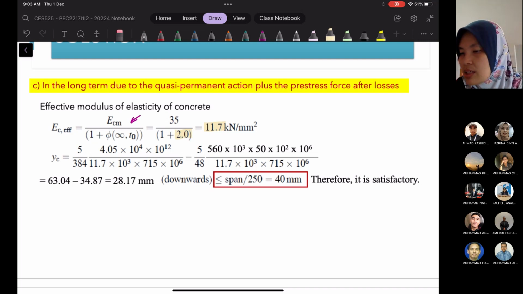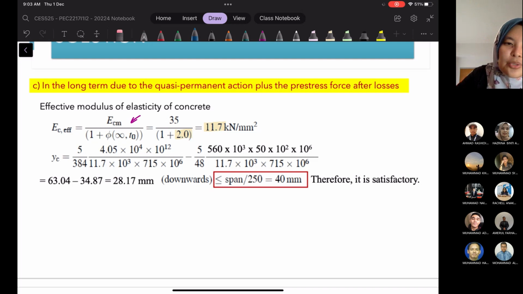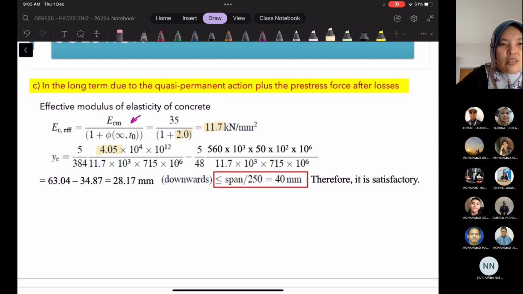Then we calculate the deflection value that is due to the creep. Here we have 5 over 384, so this is the value of deflection that is due to the quasi-permanent action. You can see that we have this value here, which is 4.05.